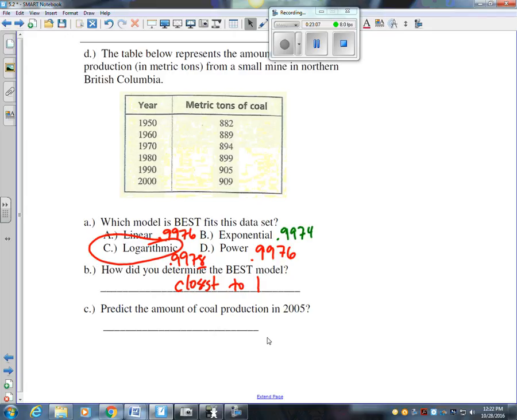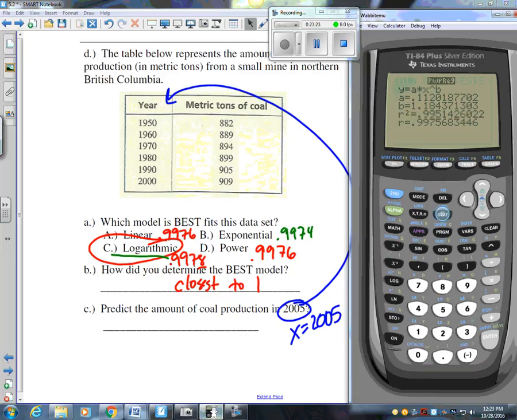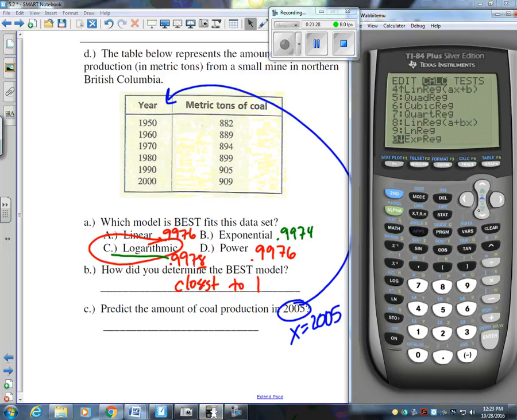All right, so predict the amount of coal production in 2005. So 2005 is a year, so it is your X value. But I don't have an equation to plug it into yet, so I need to go back and get the equation. We know we want a logarithmic equation. So in the calculator, I'm going to go back to stat, calc, and go back to log, and I need to write down that equation.